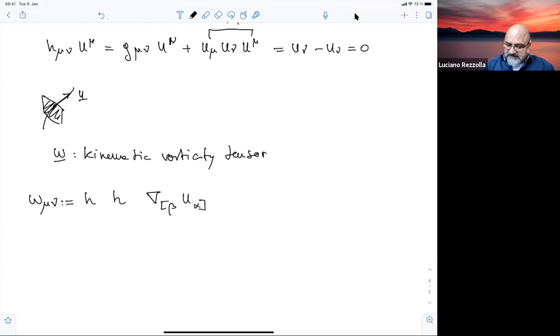I have an antisymmetric covariant derivative, and then I contract it twice with h so that I have a fully spatial object.